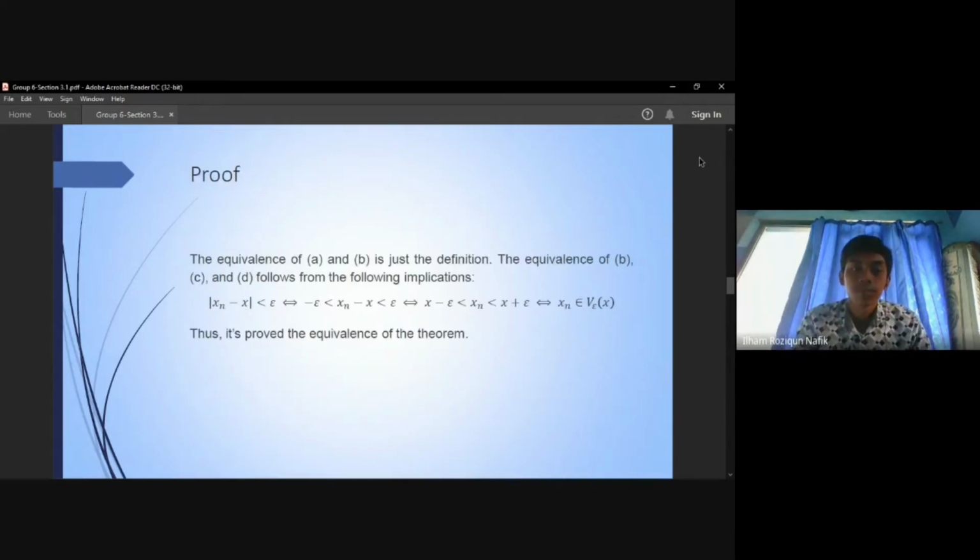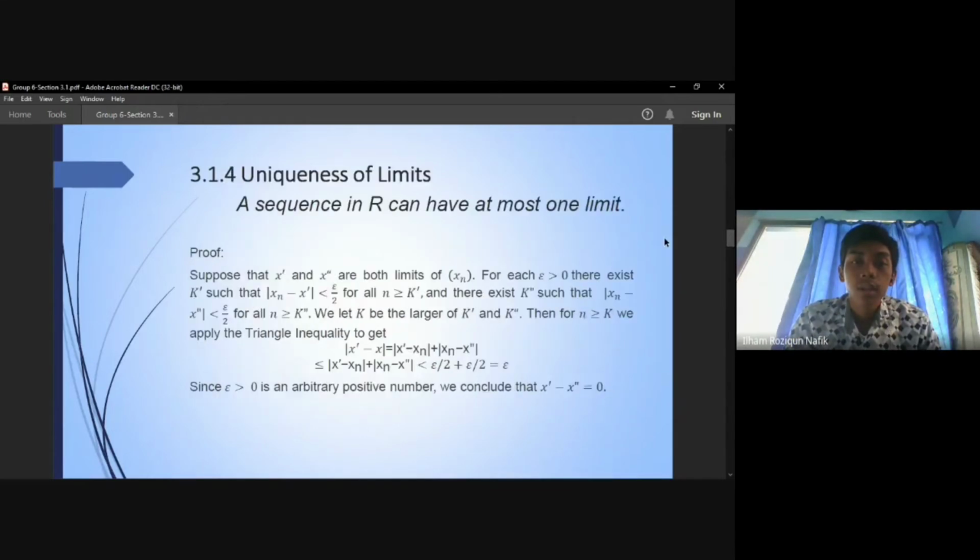Okay, there is the proof of the equivalence of A and B. We know that points A and B are just the definition of the limit of a sequence.